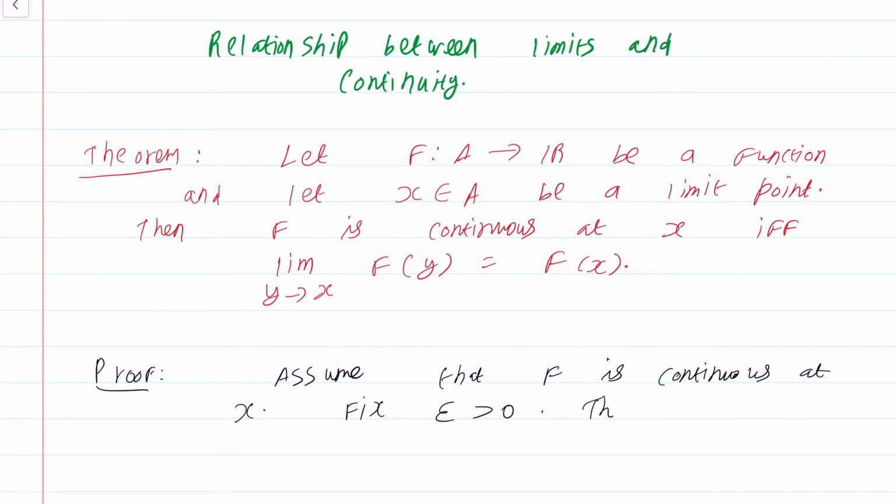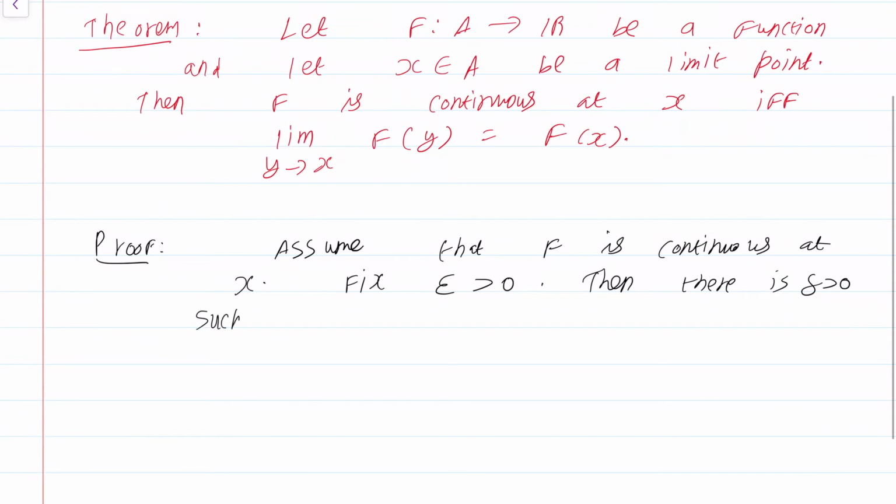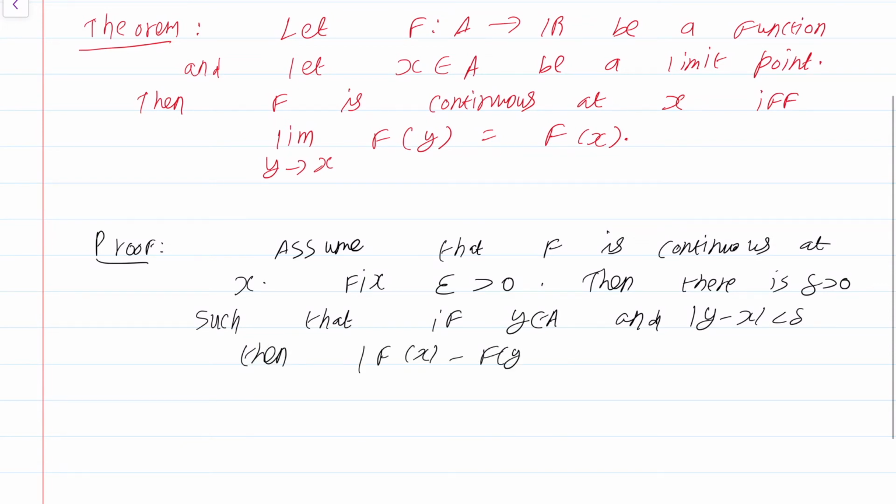Then there is delta greater than 0 such that if y is in A and mod y minus x less than delta, then mod f of x minus f of y is less than epsilon. Right? This is just the definition of continuity, which I am writing down for the 17th time if my count is correct. So, what does this mean?